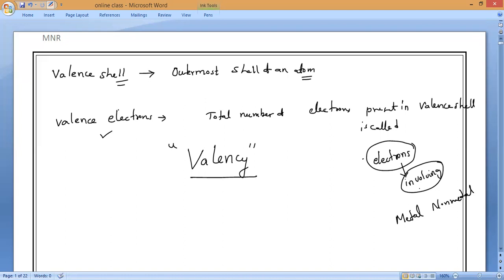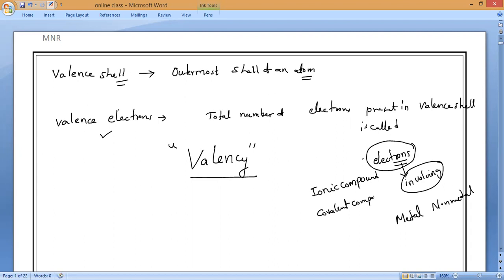Can you tell me in which two ways these electrons show the reaction? One is by gaining or losing, the second is by sharing. Based upon that, we form two kinds of compounds: ionic compounds and covalent compounds.